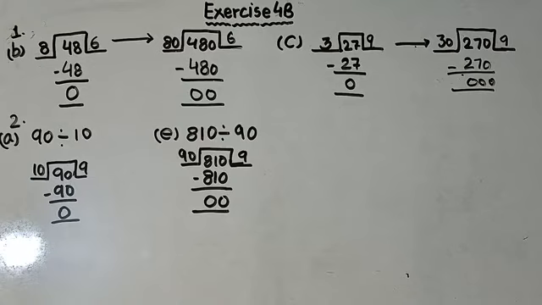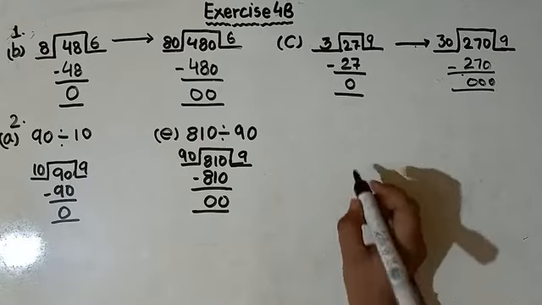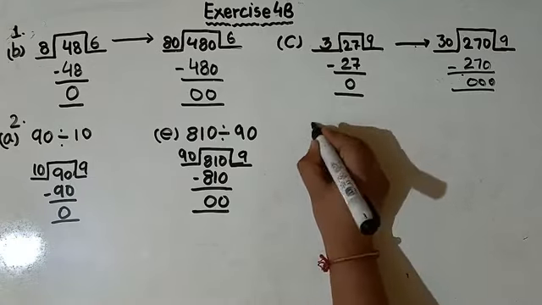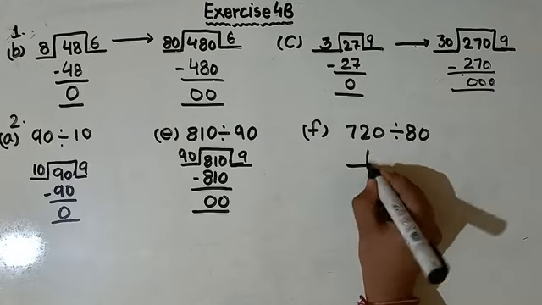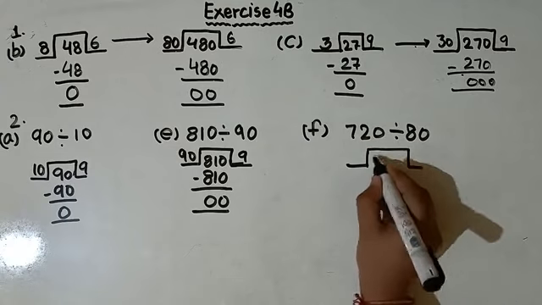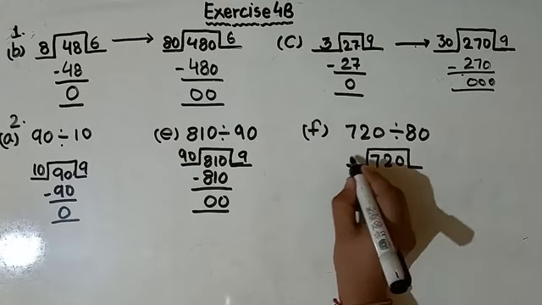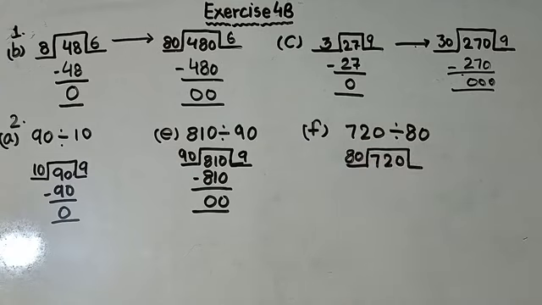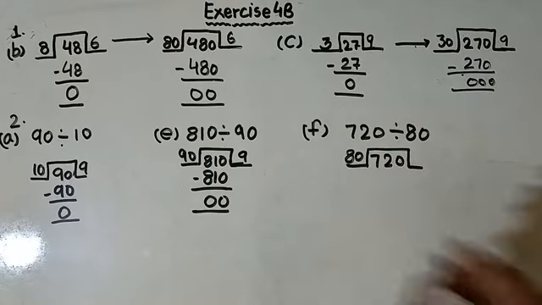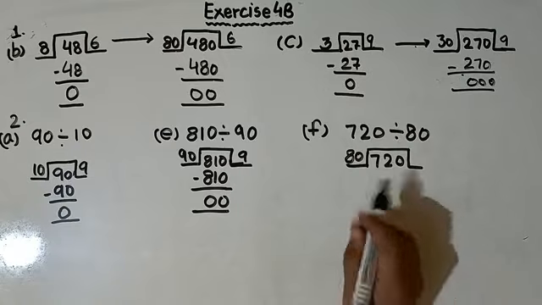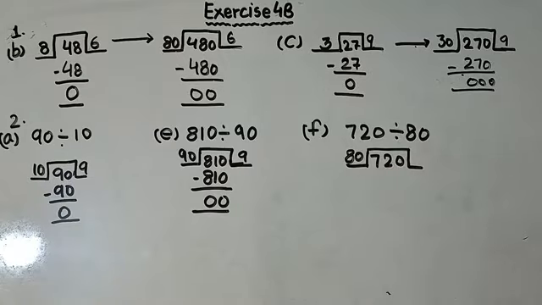Is that clear? Now come to F part. 720 divided by 80. See, this is also similar to the previous one. 720 is here. Here we have 80. Okay. See here. For a while just ignore the zeros here, because in the divisor and dividend both we have zero as the last digit.